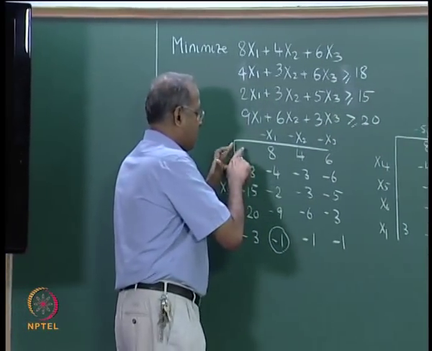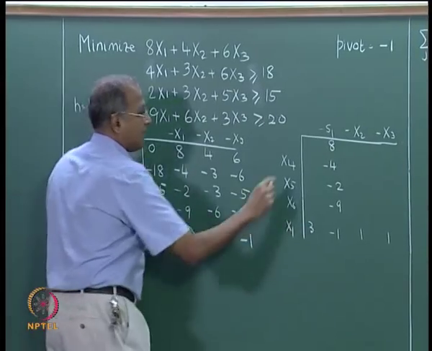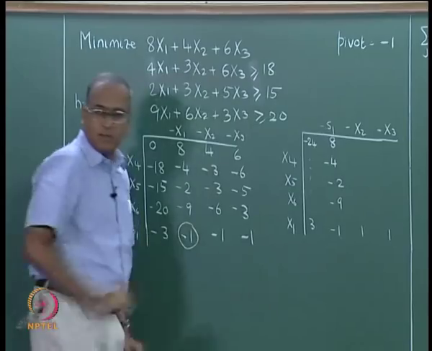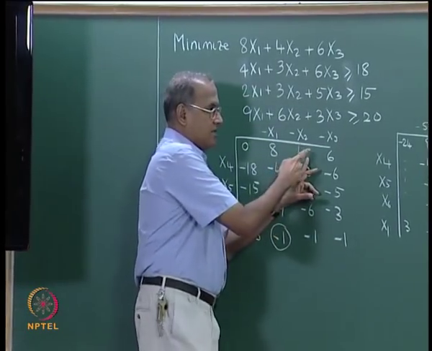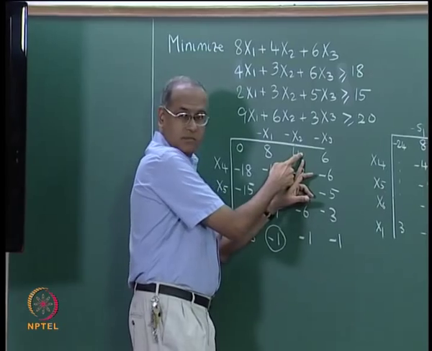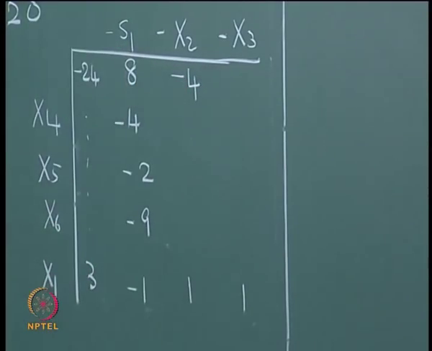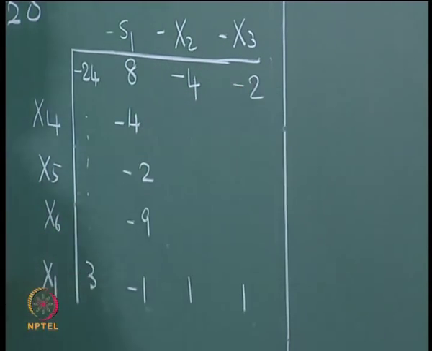This one is 0 at the moment, so 0 minus 8 into 3 will give me minus 24 and I can fill this column. But more importantly I am going to come here. This element will become 4 minus 8 into 1, which gives minus 4. Similarly, 6 minus 8 into 1 will give me minus 2.